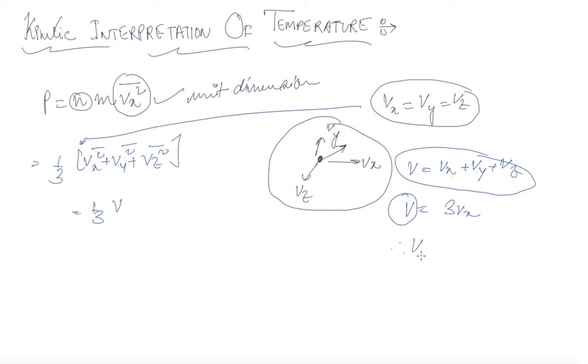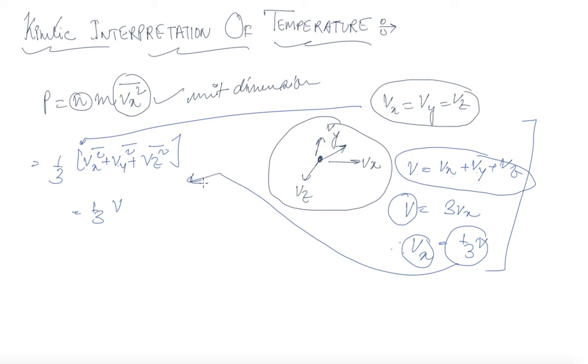So if you want to find Vx in terms of V, you will have 1 by 3V. This is the way this is derived, and it is directly put into your formula. So now we have 1 by 3V whole square, so my pressure on the wall becomes 1 by 3 nmv square. This is what we have derived so far.